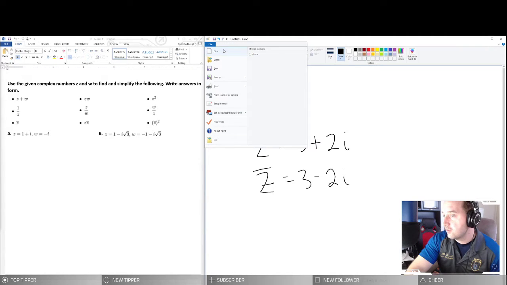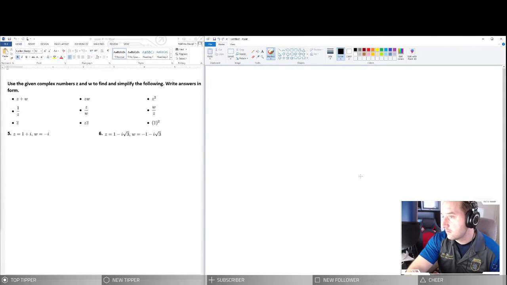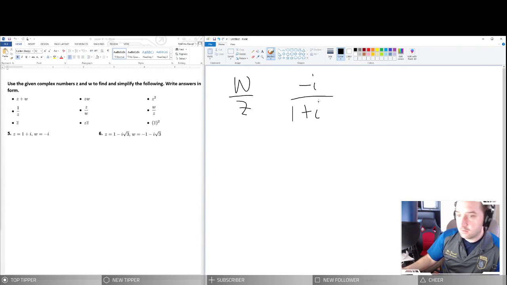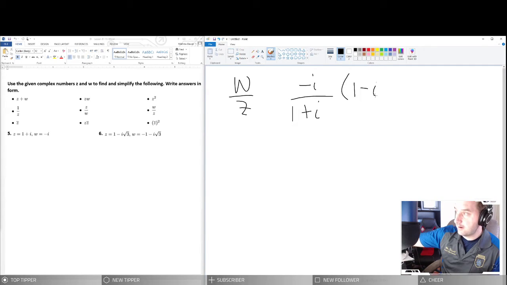So maybe I'll do number 5, I'll do the w over z just as a reminder. So w, negative i, over my z. So the way we get rid of the i in the denominator is by multiplying the top and bottom by the conjugate.